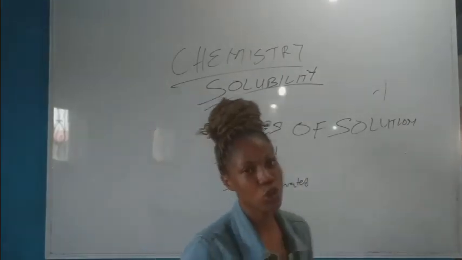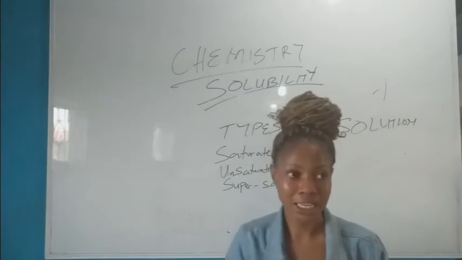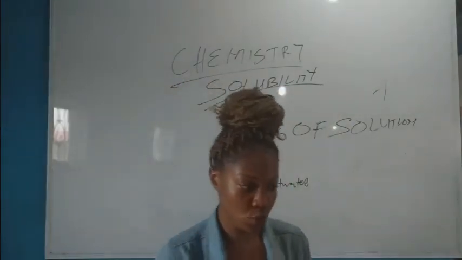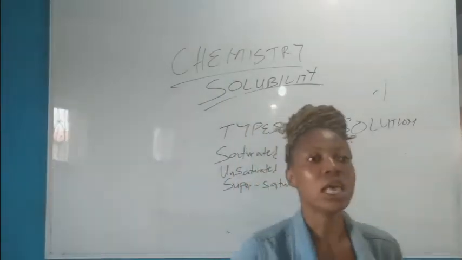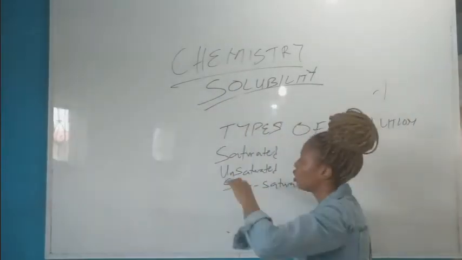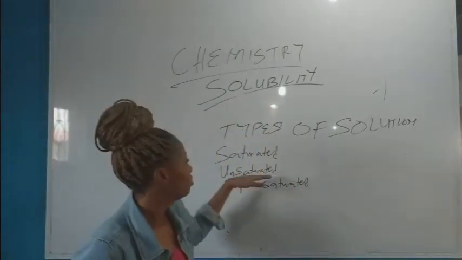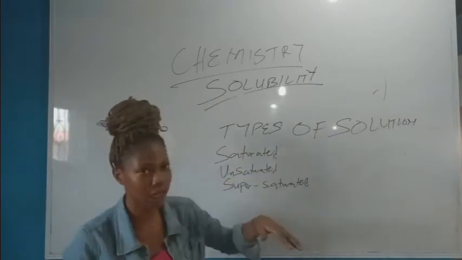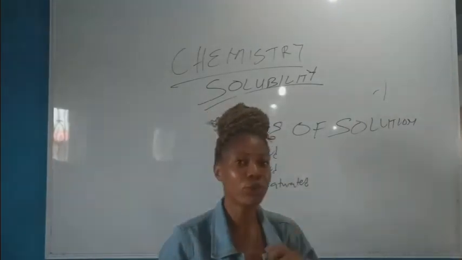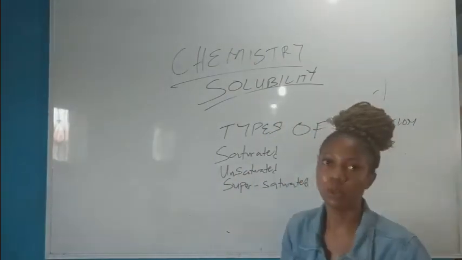A saturated solution is a solution that is at equilibrium. What do I mean by that? The dissolved solute and the undissolved solute are in equilibrium. That means the solvent has dissolved enough solute and it can no longer dissolve more. What do we mean by saturated?